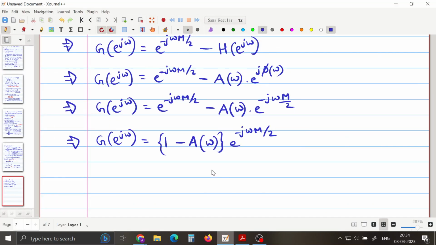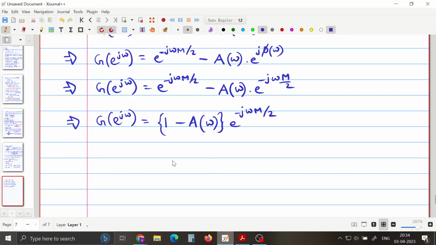Now you see this zero phase term here is basically 1 minus a of omega. I'm talking about this part. So this is the zero phase response of g of z, and we have multiplied that with e power j times continuous phase. So this is actually our gzp of omega.